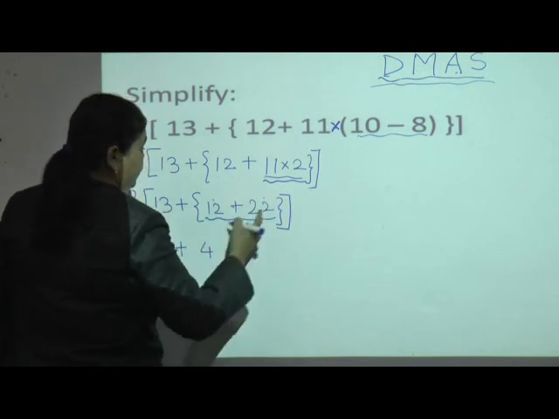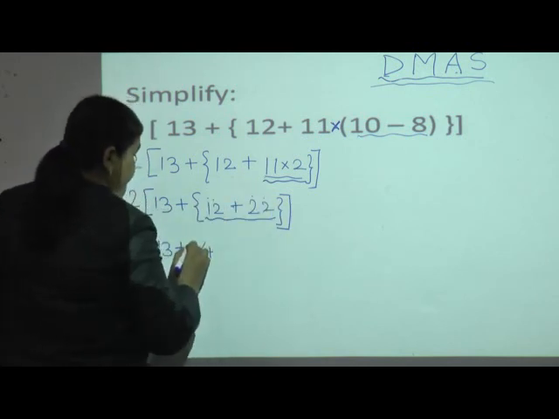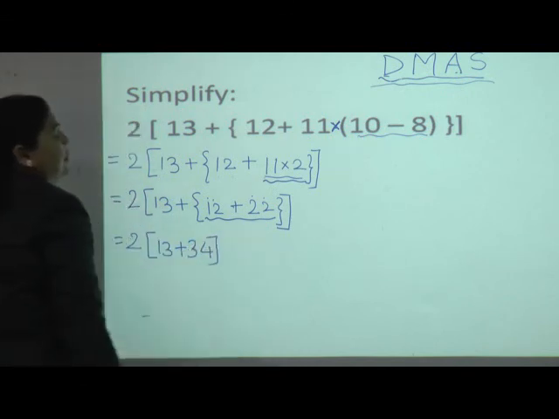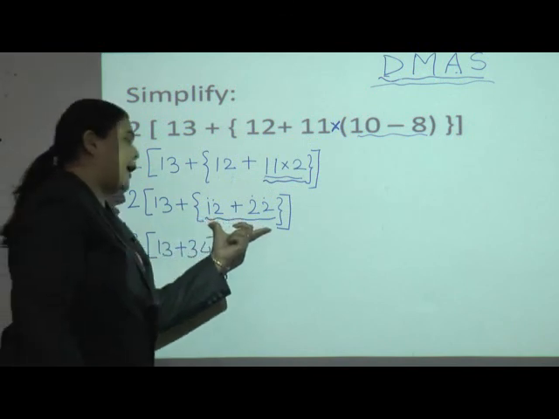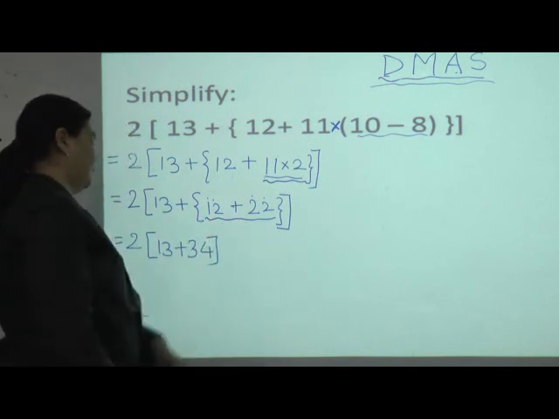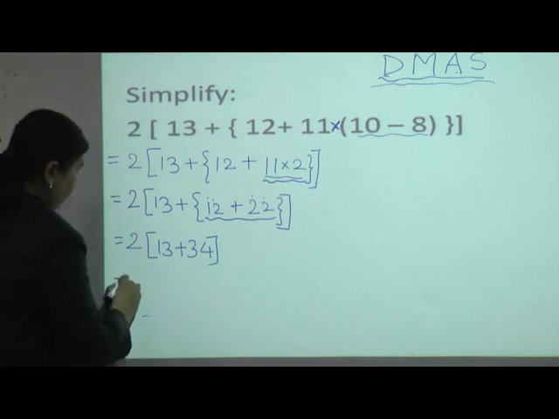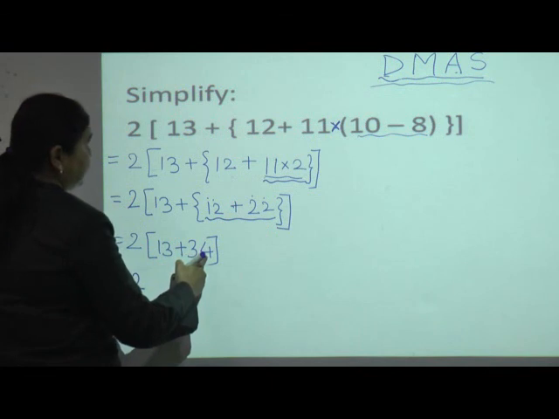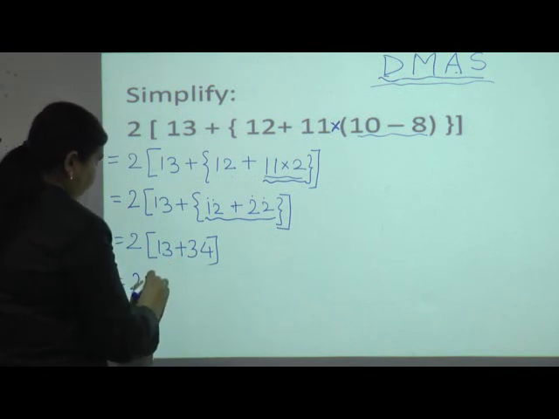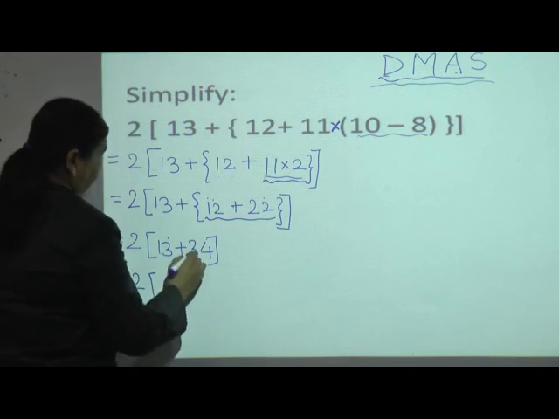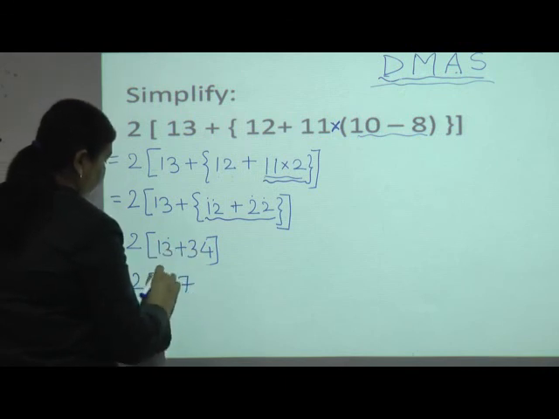This is 2 plus 2 is 4, 2 plus 1 is 3. So what will be the answer? 34. I will put this square bracket because already I had solved the curly bracket, so I am not putting the curly bracket. Now write 2 as it is. What is 13 plus 34? This is ones, this is 7 and 3 plus 1 is 4.